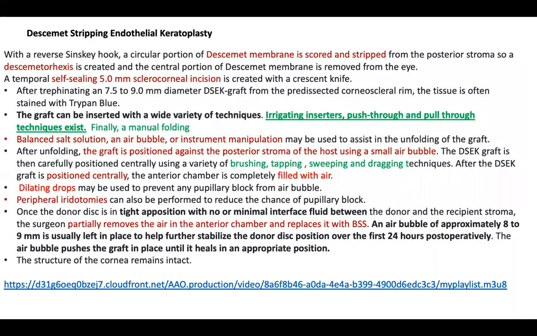I only mentioned these steps so you appreciate if you see the peripheral iridotomy, in such a case they do it because of a pupillary block. If you see air bubble, same. If you can see the tunnel, same.